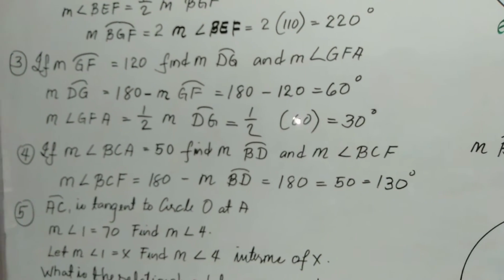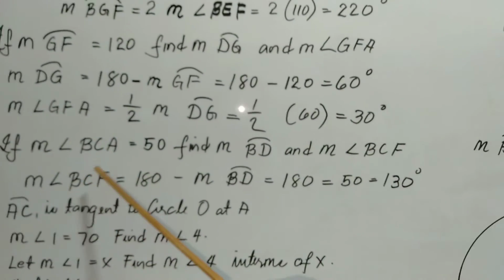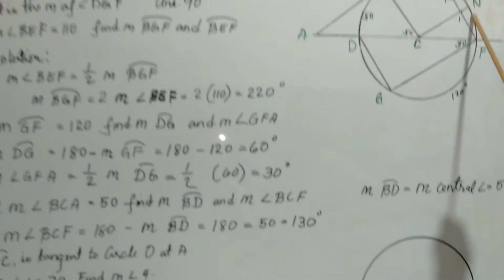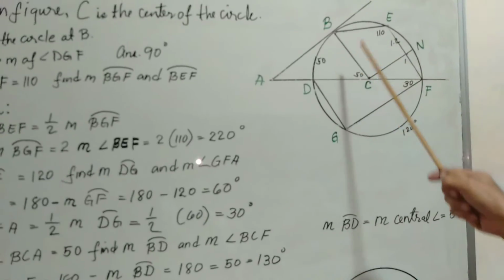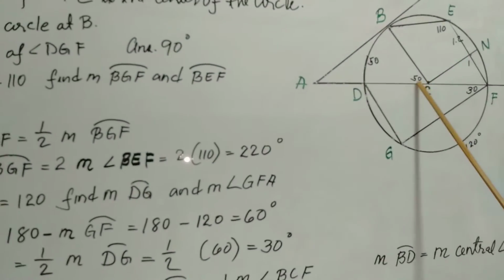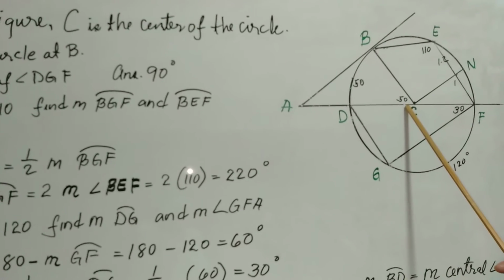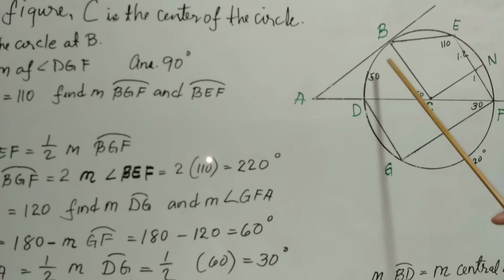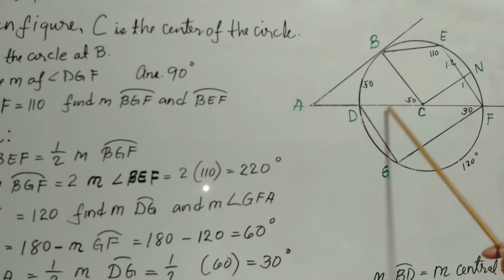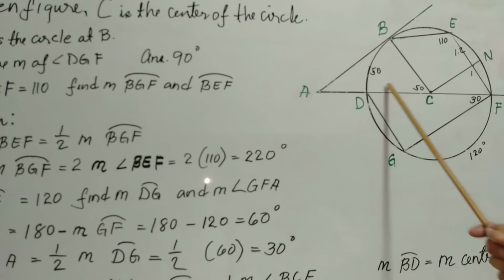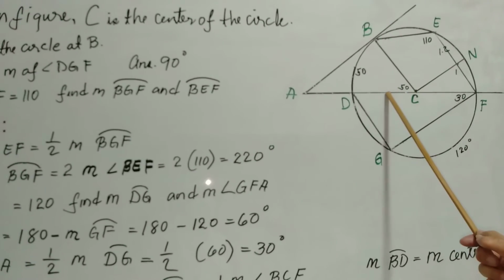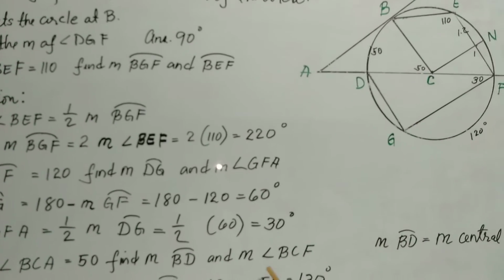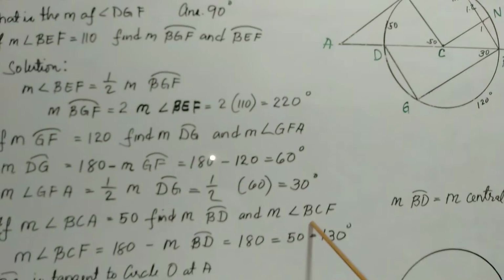For number 4, if the measure of angle BCA is equal to 50 degrees, you are asked to find the measure of arc BD. This arc is equal to the central angle. They will always be equal. We are also asked to find the measure of angle BCF.